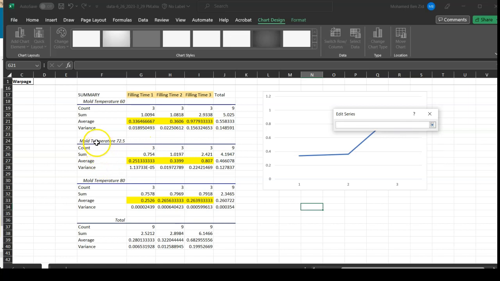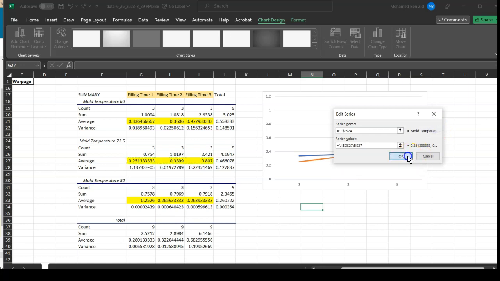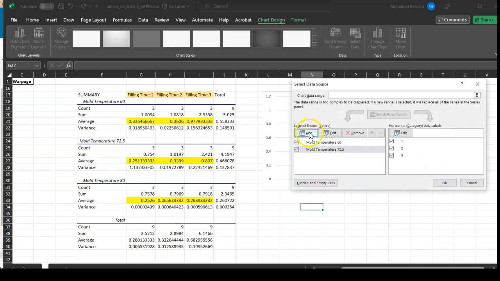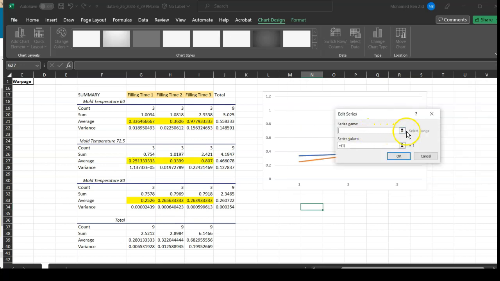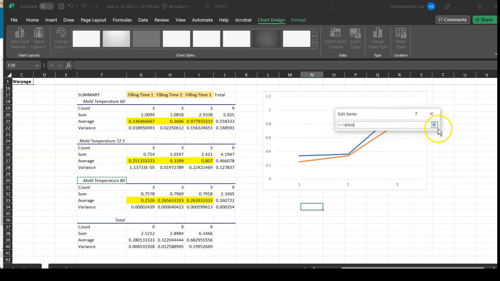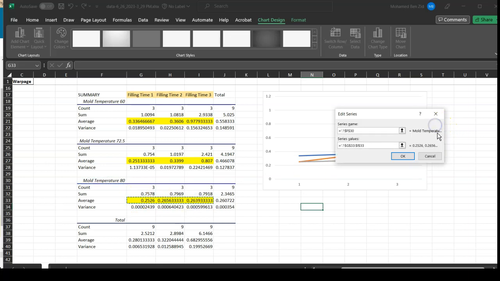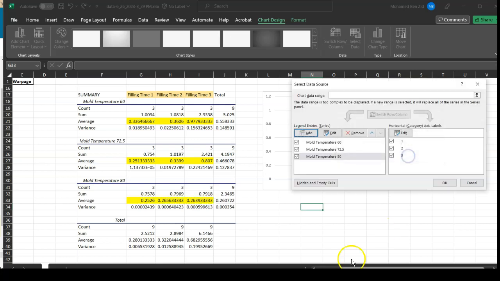The name is going to be mold temperature 72.5, and here I'm going to select the values. I'm going to select this row of the averages, and I'm done with the second one. I'm going to add another one. Here the name is going to be mold temperature 80, and for this I'm going to select these three values, and I'm pretty much done.